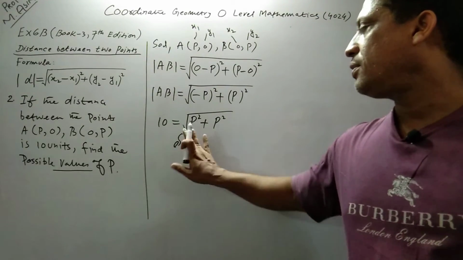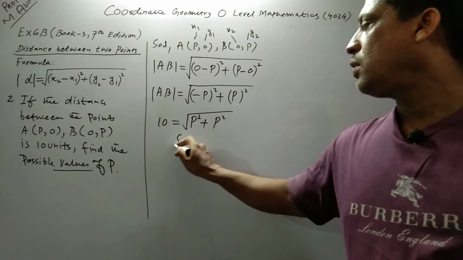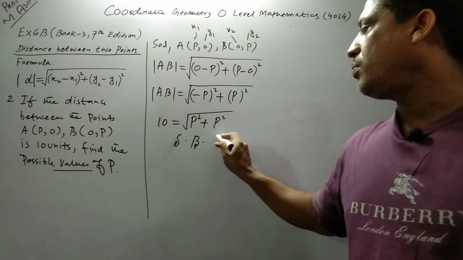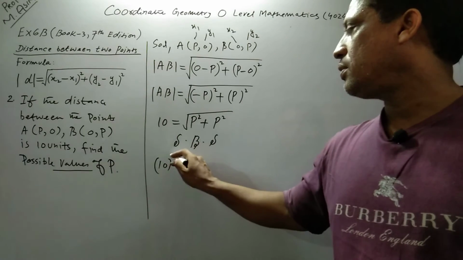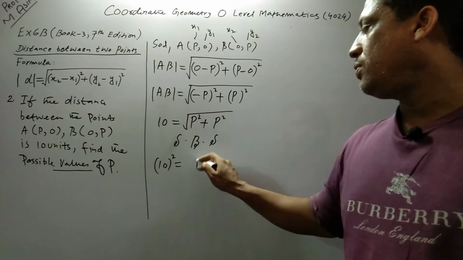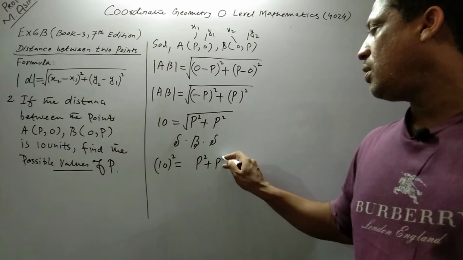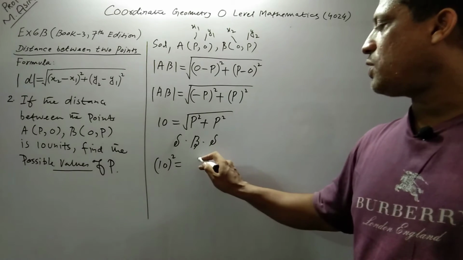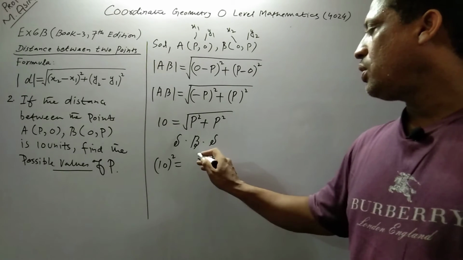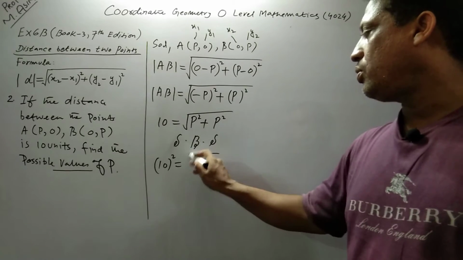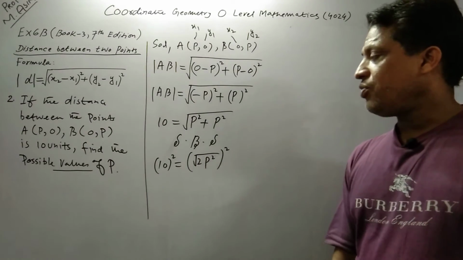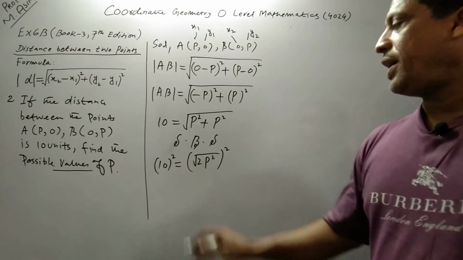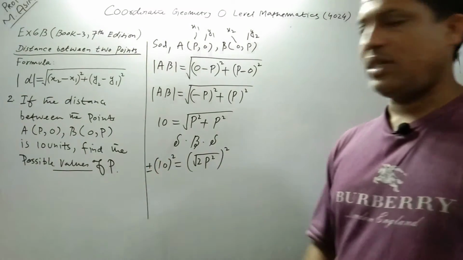So squaring on both sides, 10 square is equals to p square plus p square, what is that? 2p square, root this. But student, when you apply squaring on both sides, you always take plus minus sign.